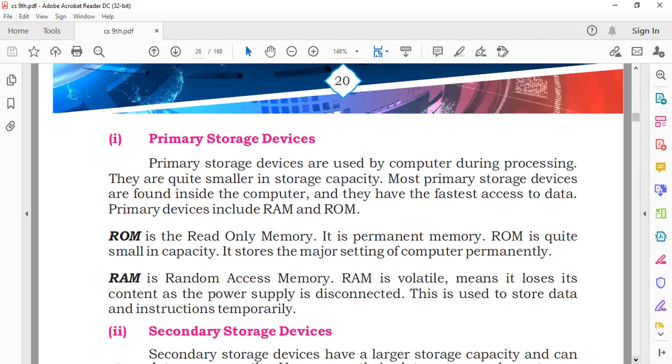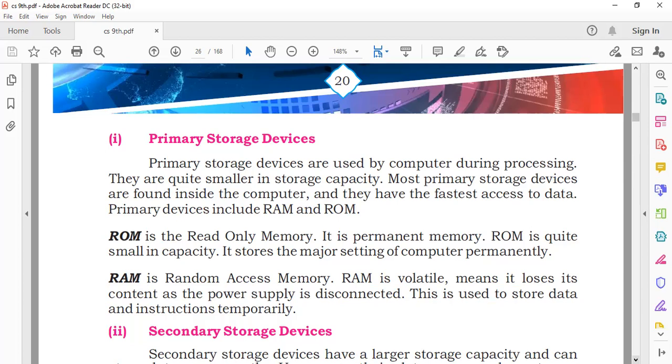Although it has a much lower access time and faster performance, its capacity is limited. It is about two orders of magnitude more costly than secondary storage.